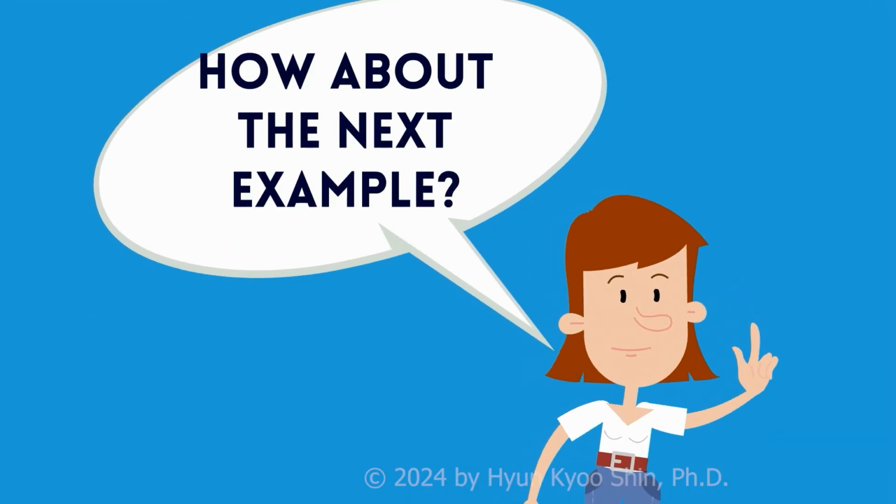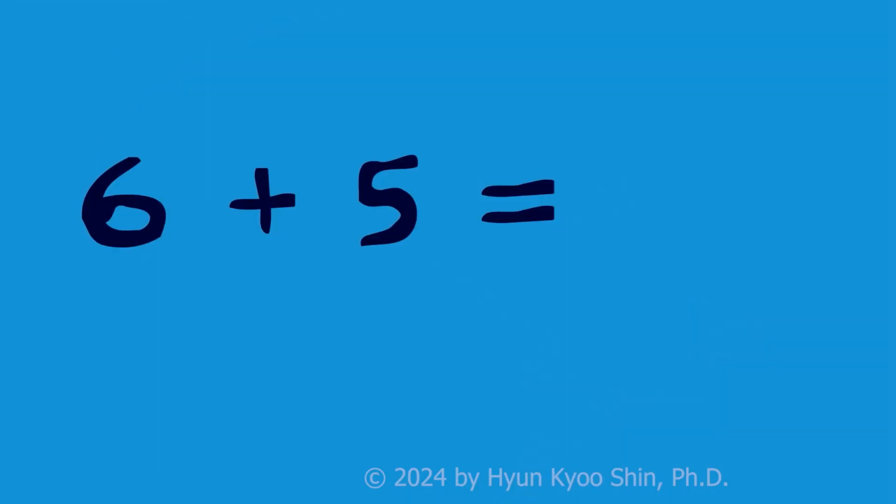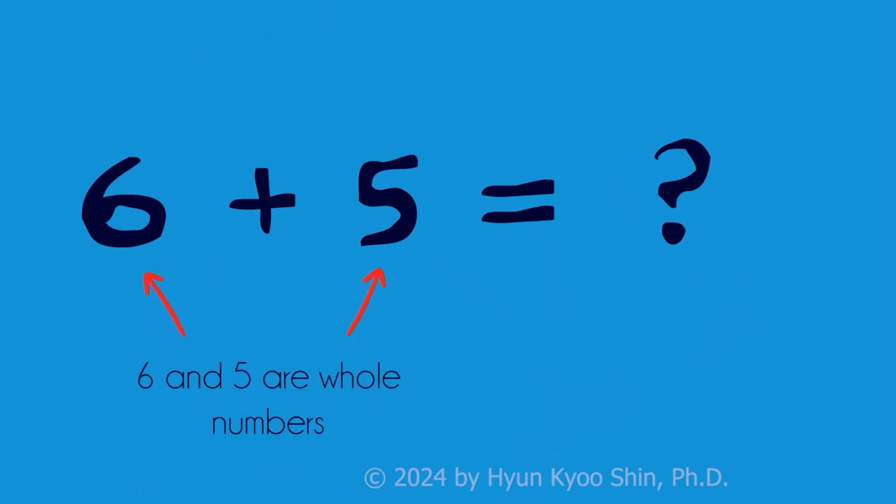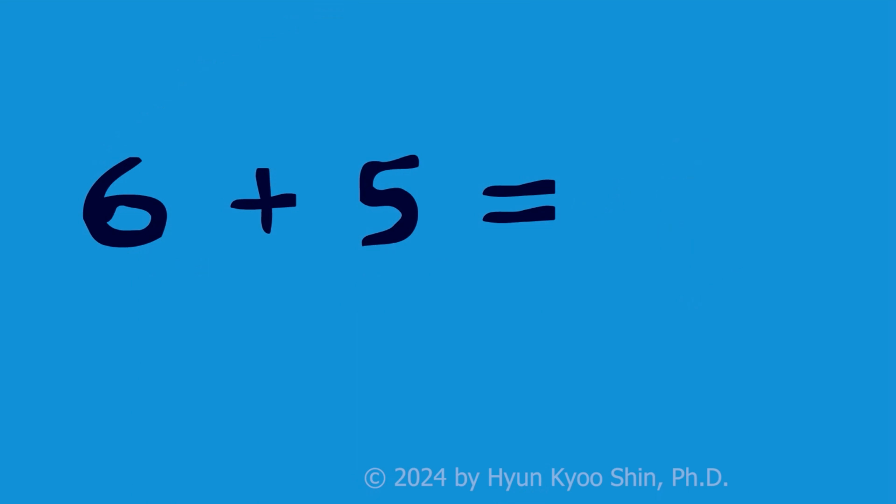How about the next example? 6 plus 5 is equal to... 6 and 5 are whole numbers. Let's add. 6 plus 5 is equal to 11.